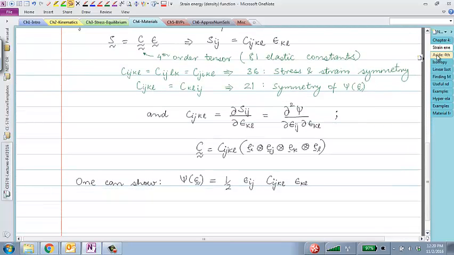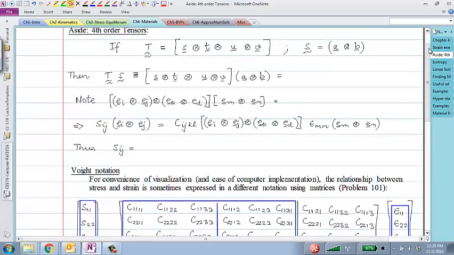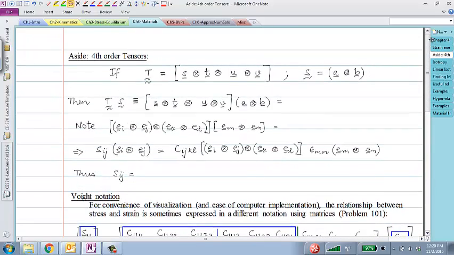I'll very quickly go to this aside about how to work with these fourth order tensors, and then we'll be done for today. Let's say I have a 4th order tensor T and a 2nd order tensor S. T acting on S is defined in this way. A 4th order tensor can be thought of as a dyadic product of two 2nd order tensors.